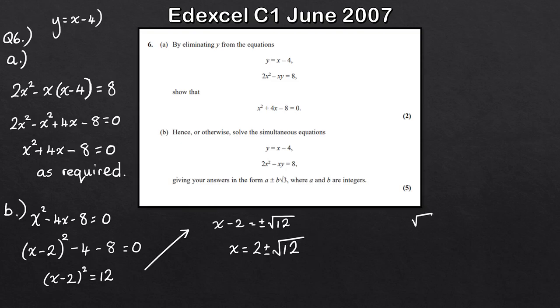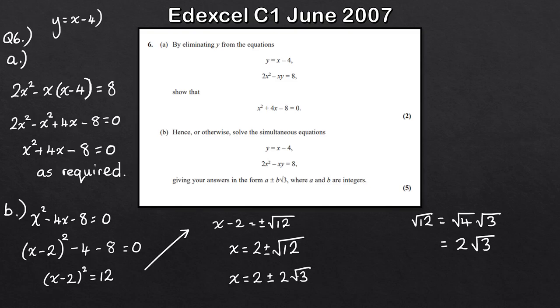And remember, root 12, we can express that as root 4 times root 3. This root 4 simplifies to just give us 2. We get 2 root 3. So in that case, we can replace this with x equals 2 plus or minus 2 root 3.